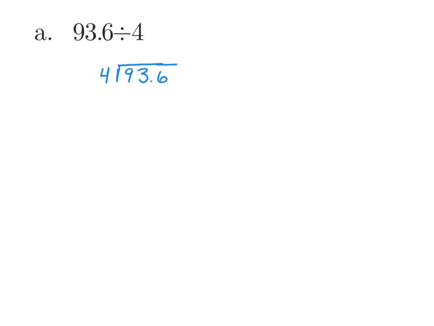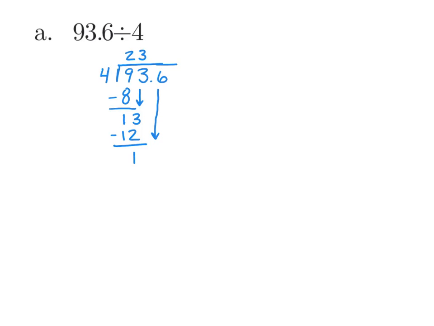So just like we did before, we're going to figure out, okay, what's the first number I can divide by 4? It is 9. 4 goes into 9 2 times. We multiply 2 times 4, which gives us 8. Subtract, we get 1. Bring down our 3. And remember that once we start, we have to continue to divide once we bring down a digit. 4 goes into 13 3 times. 3 times 4 is 12. Subtract, we get 1.